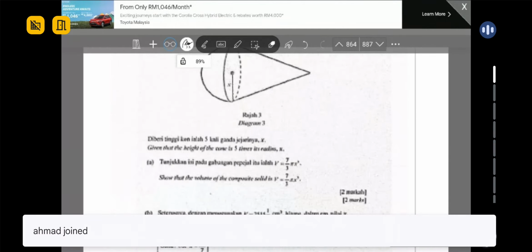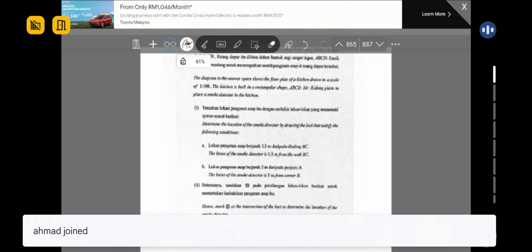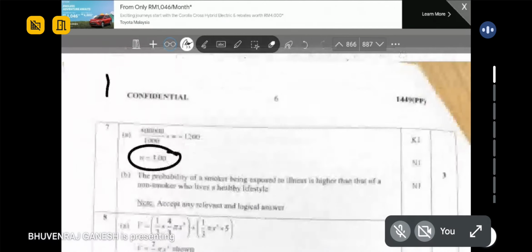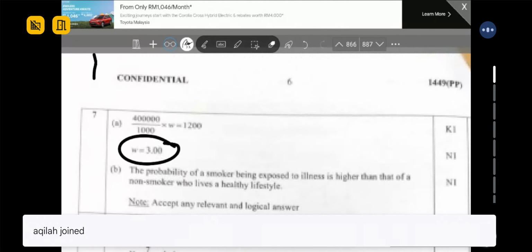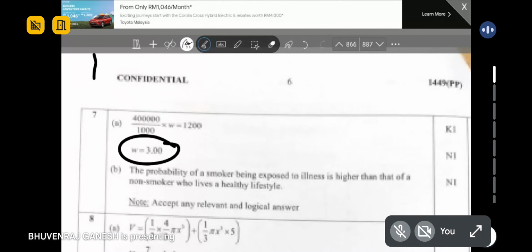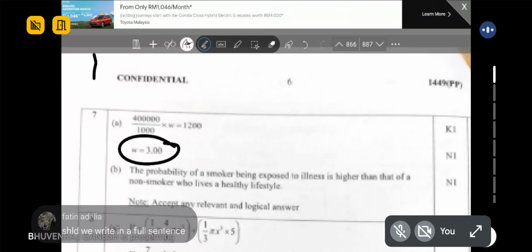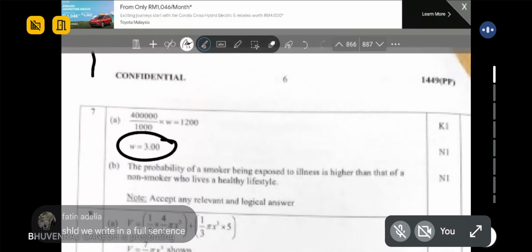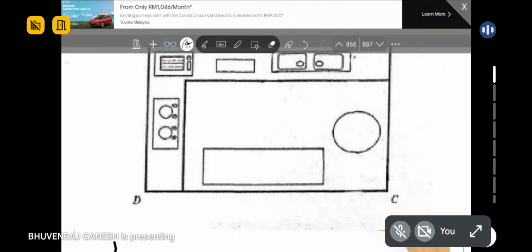Okay, so you can see the answer here. This is the answer. So you will get: the probability of a smoker being exposed to illness is higher than that of a non-smoker who lives a healthy lifestyle. If you guys want to write a full sentence, also can.